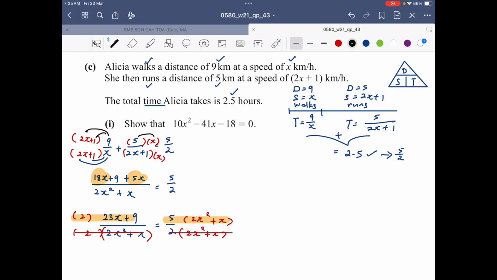Hence, we have 2 bracket 23x plus 9 on the left and this on the right. Okay, expand the bracket, open up the bracket, expand it.